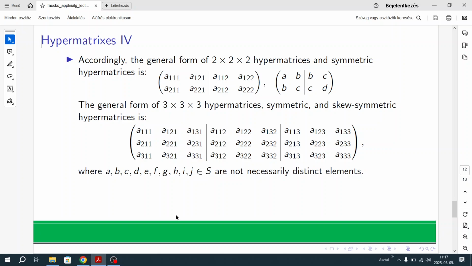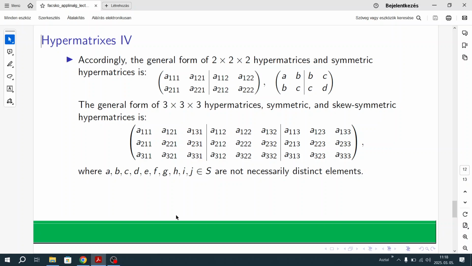Okay, here we have these hypermatrices, and this is a 2 times 2 hypermatrix. I'm very happy that I don't need to give you a 5 times 5 or 4 times 4 times 4 times 4 hypermatrix. Doesn't matter.